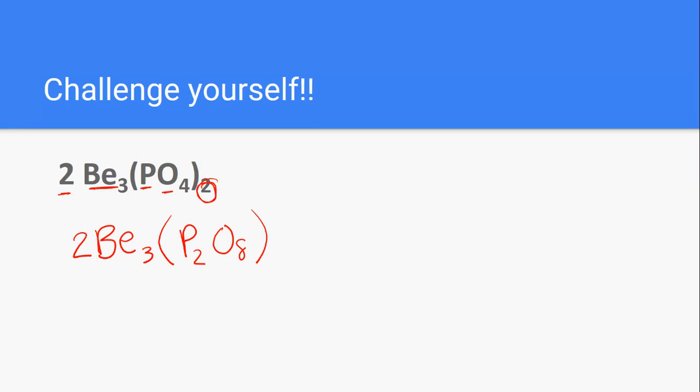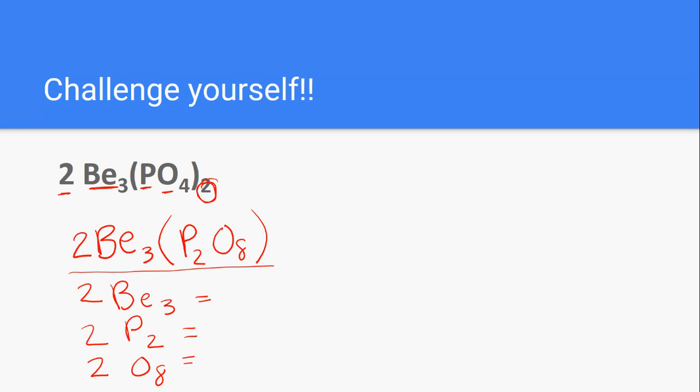Okay, and I know all of this is now going to be multiplied by the coefficient. So if I separate it out, I'm going to say 2Be3, 2P2, and 2O8. Okay, that should start simplifying things at this point.